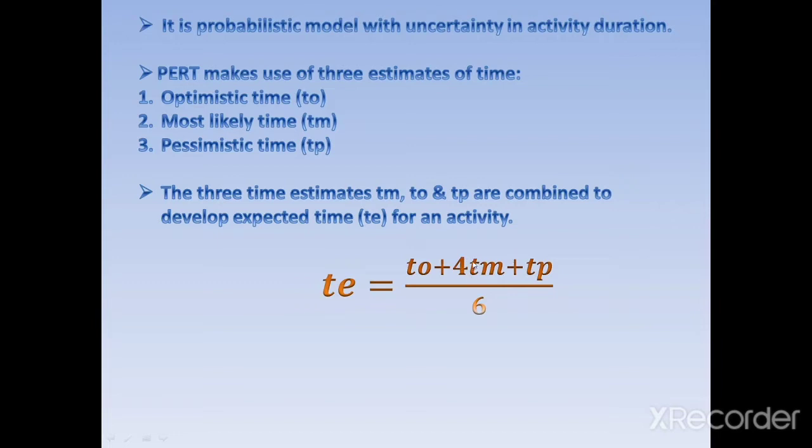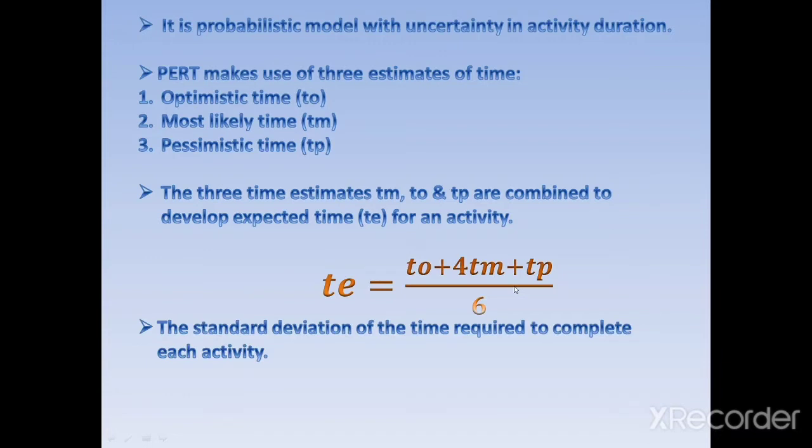Here we have given more weightage to the most likely time, that is 4, and to the optimistic and pessimistic times we have given only 1 as weightage, divided by 6. We use this formula to calculate the expected time.